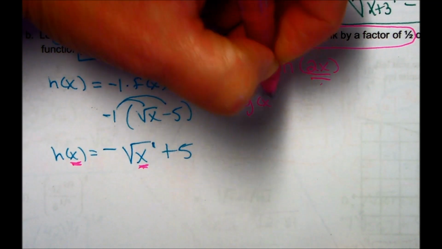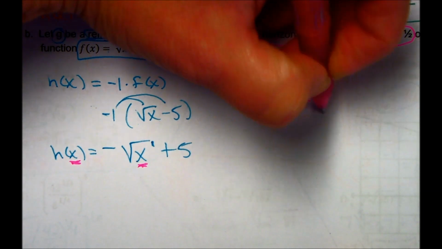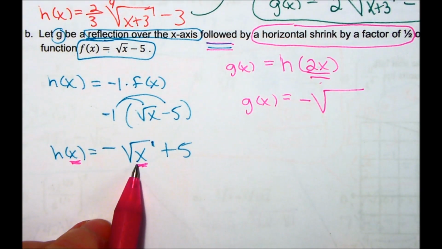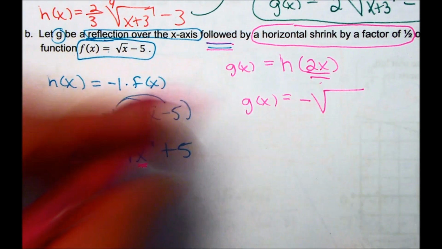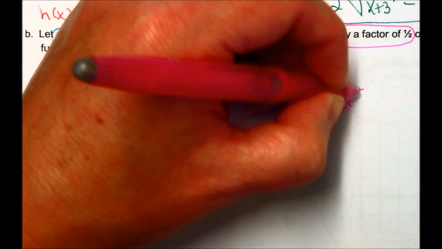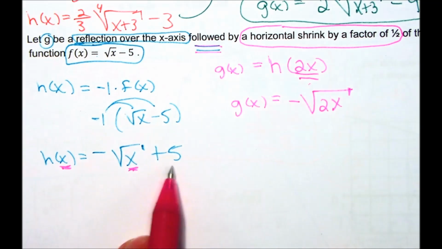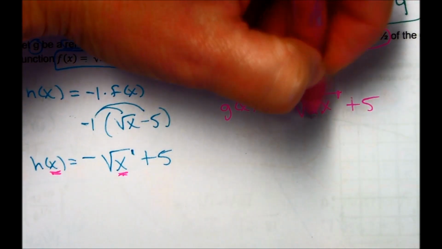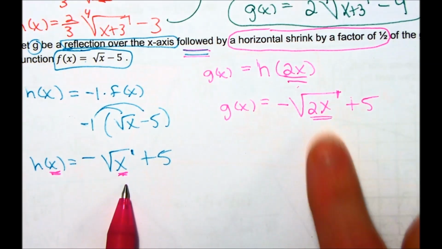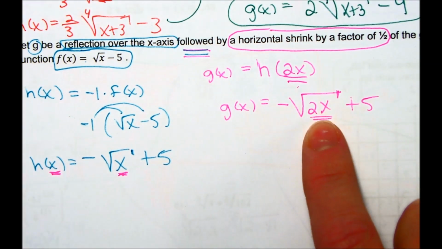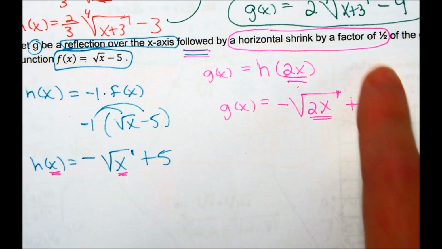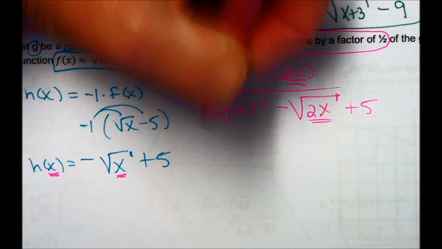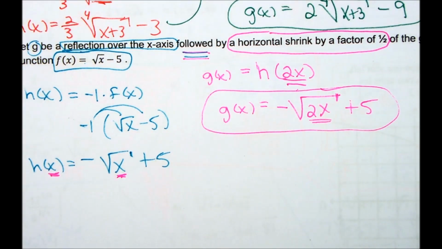So g of x is going to equal negative, instead of x, to make it shrink horizontally by a factor of 1/2, we have to put a 2 in front of that x. And then the plus 5 is not affected. So again, notice that the x gets replaced with 2x, which is actually a horizontal shrink by a factor of 1/2. So that is our g of x function.